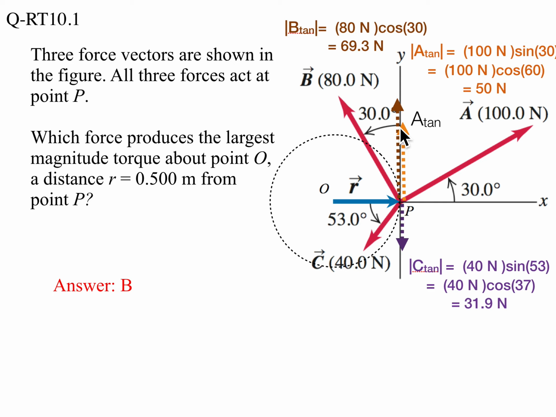When I do that, I get a tangential component of 69.3 newtons. And for force C here, I have this 53-degree angle. The tangential component is opposite that angle, so I can use sine of 53, and I find 31.9 newtons. So B has the largest tangential component of the force and the biggest torque here.